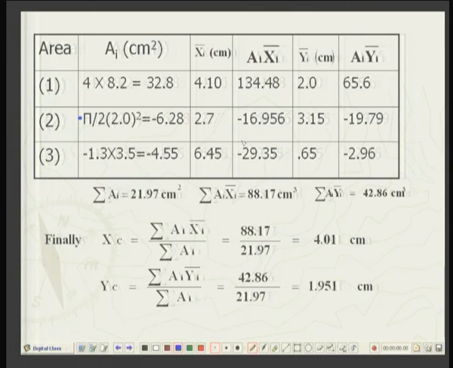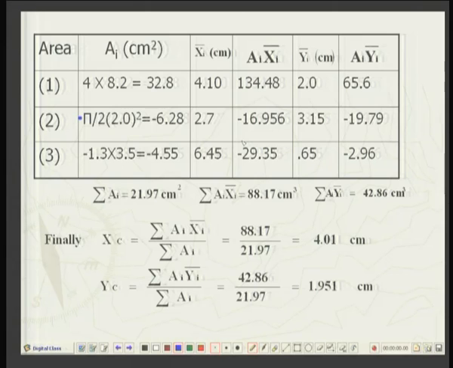So, what if I add up all these three areas taking into account the negative signs, then we will have the net area A as 21.97 centimeter square, and the sum of the x moments of this area is 88.17, and the sum of the y moments is 42.86 centimeter cubed.